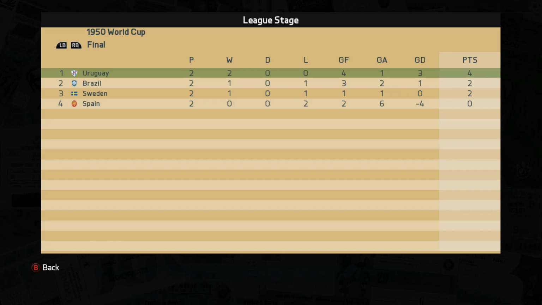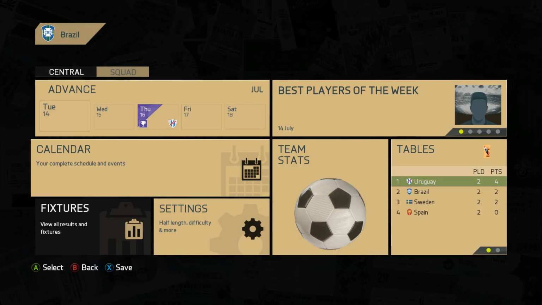So I'll go ahead and show Brazil-Uruguay because this is effectively a battle for the top position here. But also remember that Sweden-Spain will come afterwards as well, so Spain can't do anything now, but Sweden can. Obviously a victory for Sweden and they go to 4 points. So I better show both matches.